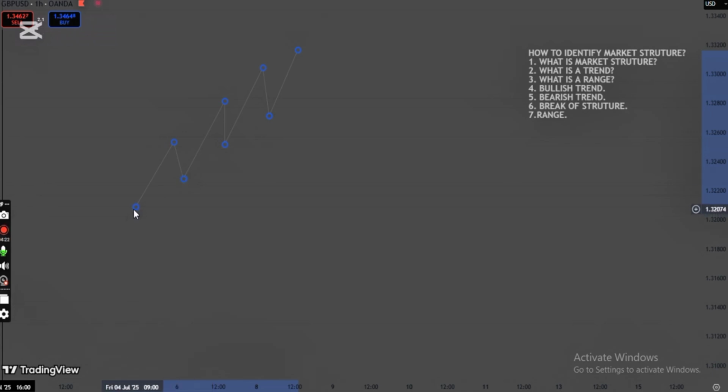Because it starts from the bottom, pushes to the upside, and then comes back down again, and then pushes to the upside once again, taking out that previous high that it initially created. So this pattern that we see here is a bullish market structure, right? We're going to get into deeper detail when we get to number 4, so that we can explain how to identify a bullish trend in the market.